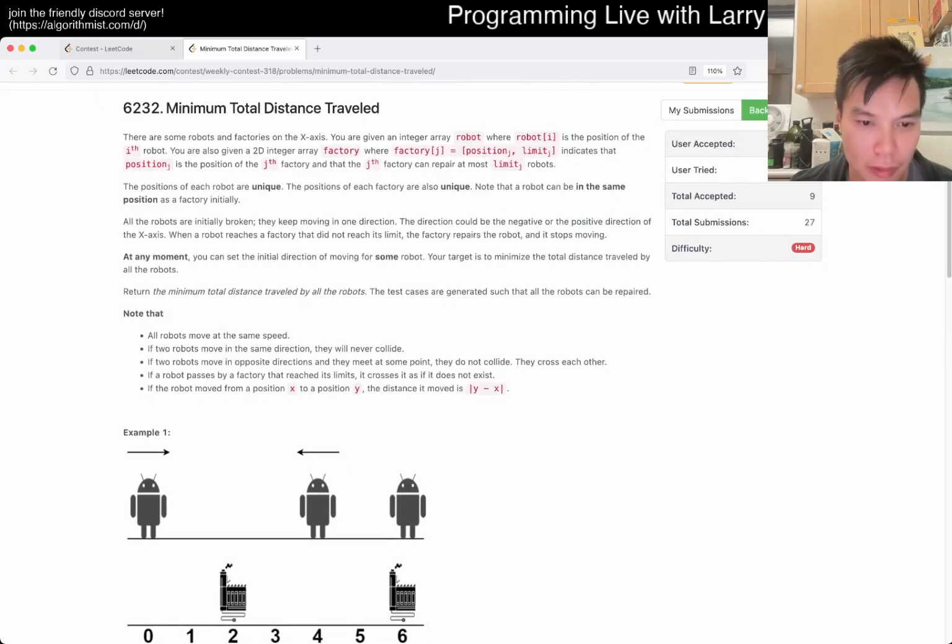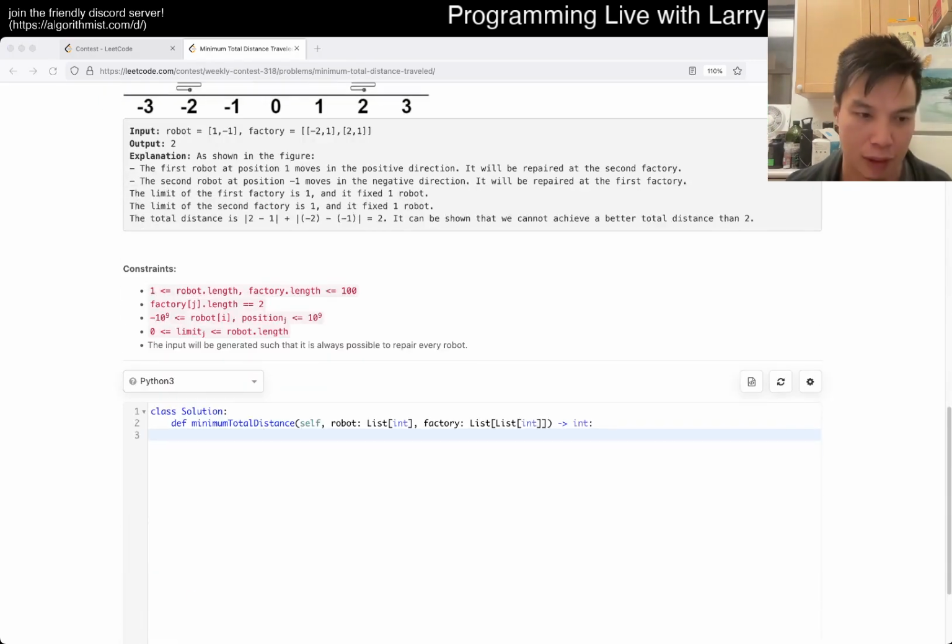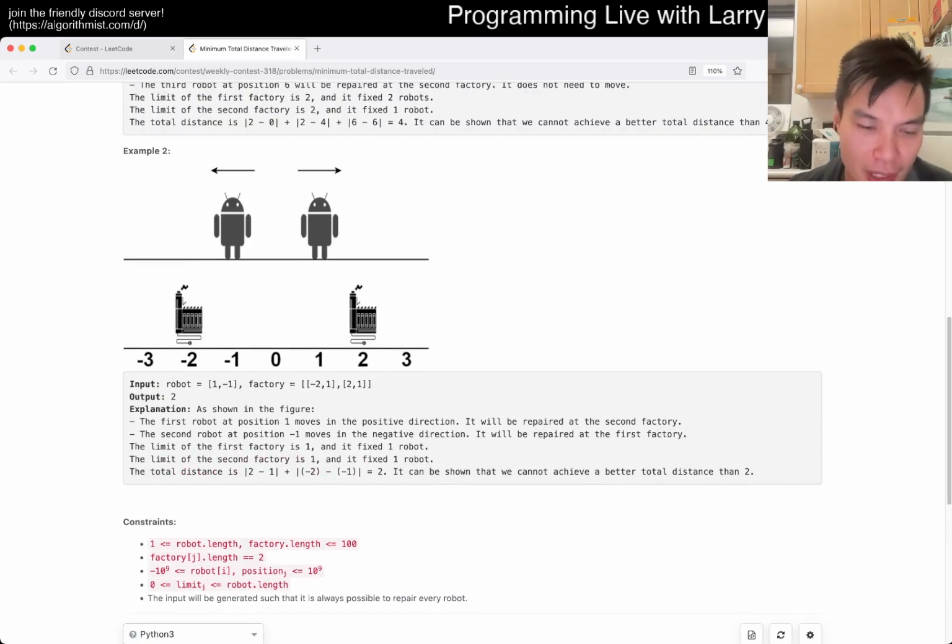I don't have a min cost one written actually, so maybe I'm wrong on this. Okay, well let's not do that then. If I had a library, I would have done it, but I just don't.